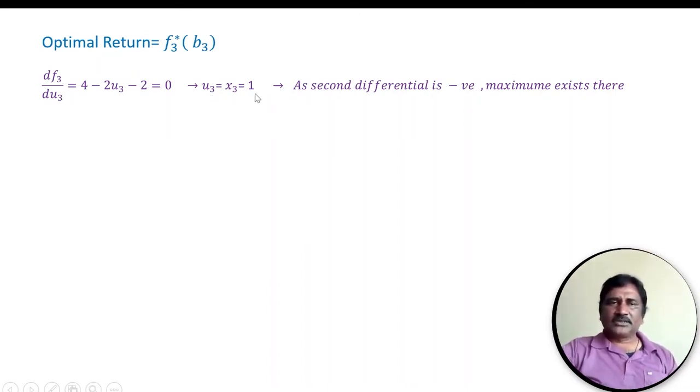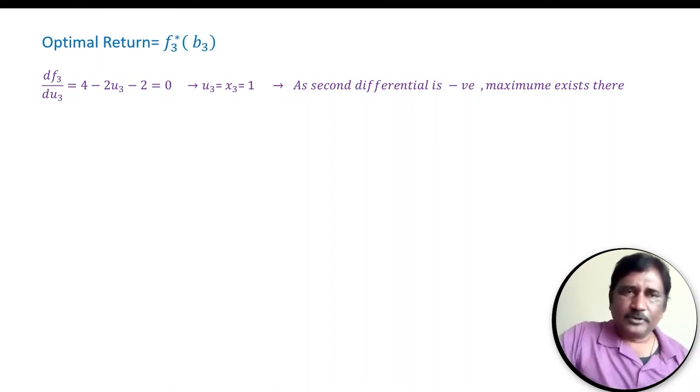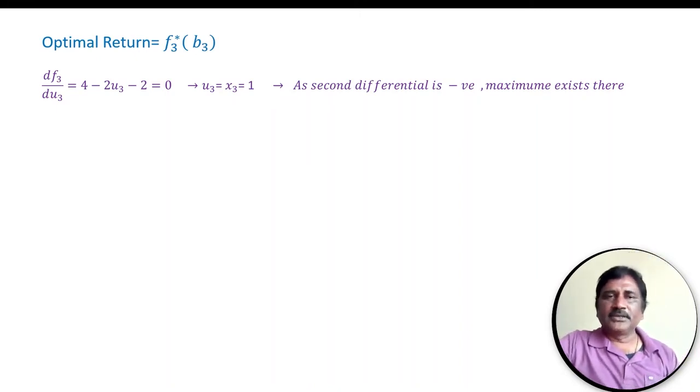It's not compulsory that you use the differentiation approach for finding the best value of u3. You may use any other approach by which you find the best value of u3 for which the function value is maximum. It could be any digital approach. But here it is possible for me to conveniently differentiate and equate to 0 to get the value of u3. All right.